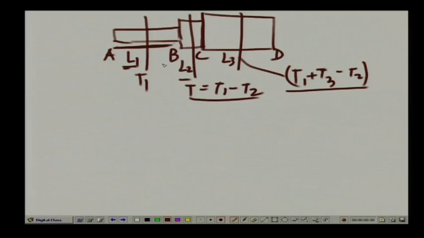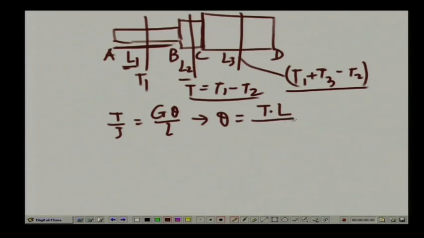Now, over length L1 we compute what is theta. As you know, T by J is equal to G theta by L, or from this we can write theta as T times L by GJ. For the first segment AB, theta AB will be T1 L1 by GJ, and J will correspond to the diameter, let us call this D1.